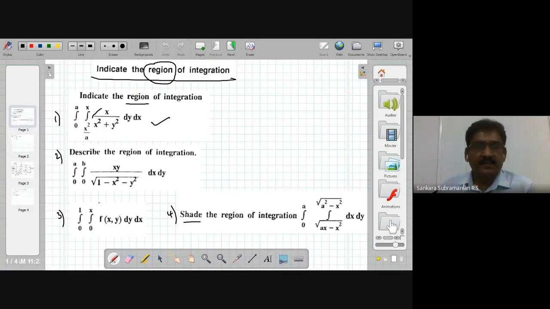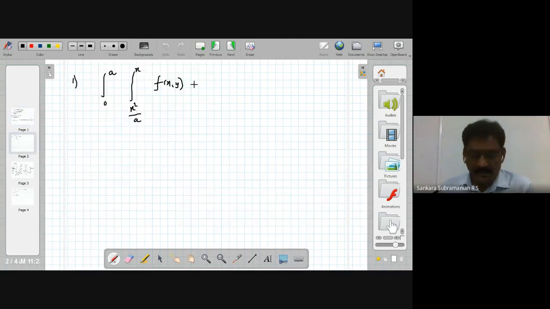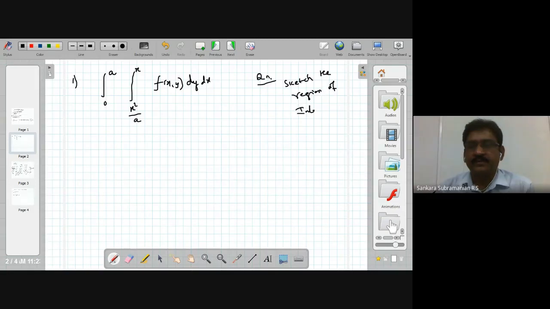This is not necessary for us to sketch the region. So dy dx. This is the question. So the question is, sketch the region of integration.